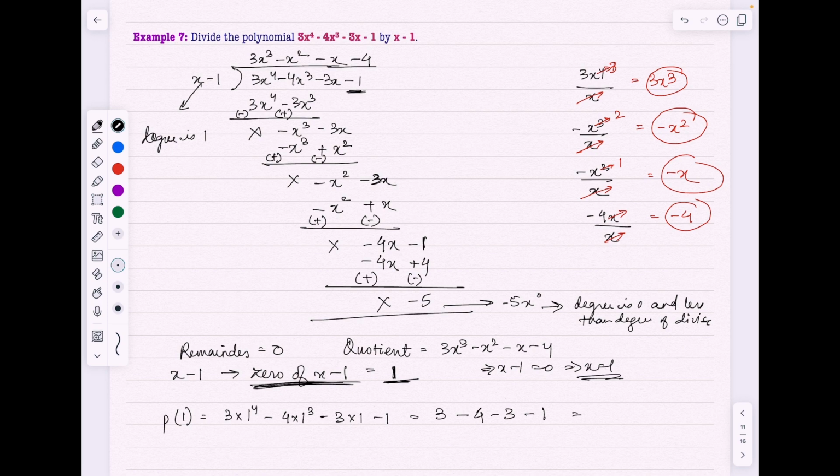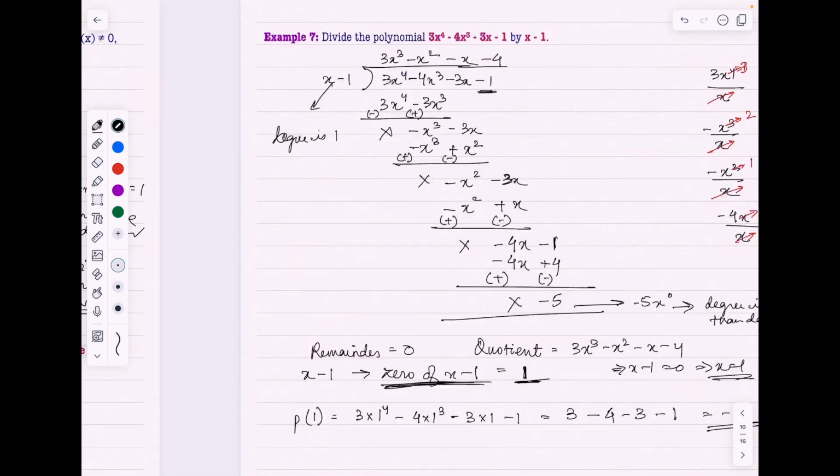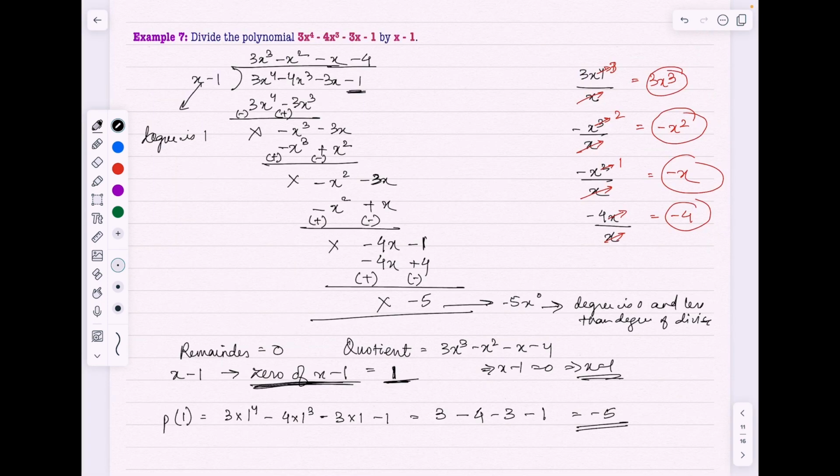Minus 4 minus 1 is minus 5. Yes, this statement is true. The value of the dividend at the zero of the divisor is equal to the remainder we got from this division of the dividend and the divisor. You understood? So this is one method of checking.